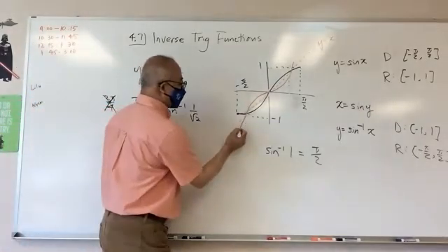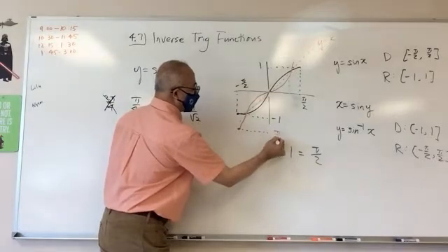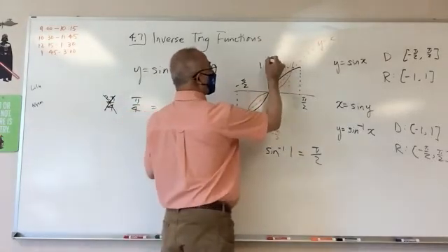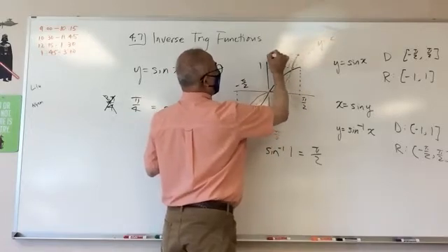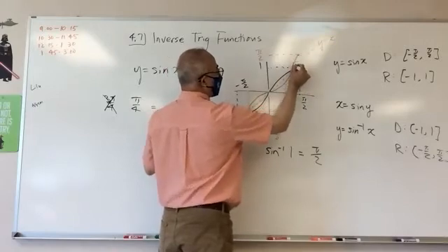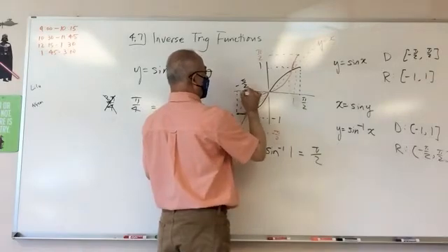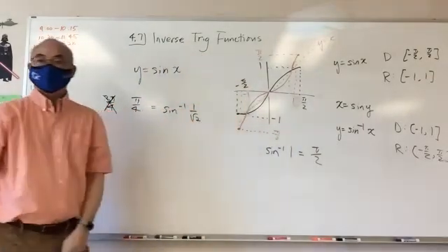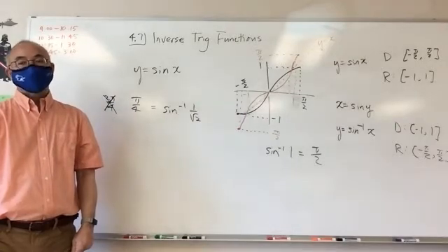What is this value here? This value is negative pi over 2, this value here is pi over 2. This value here is going to be 1. Fairly complicated.